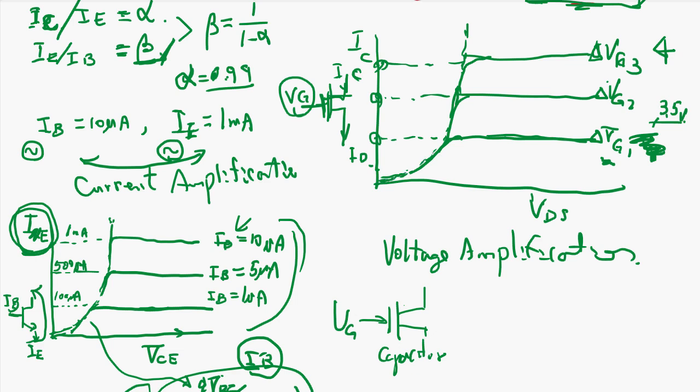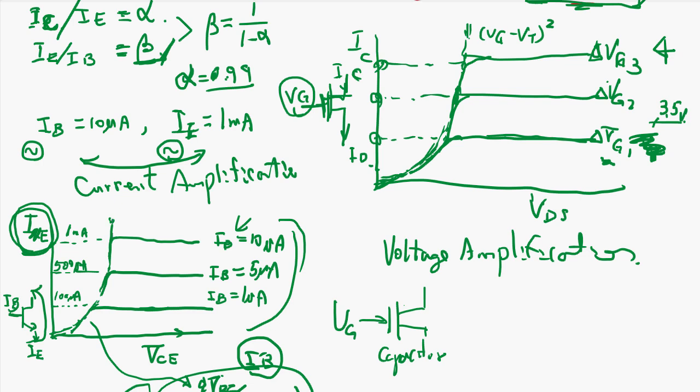Before it saturates, remember, this follows a square curve, (VG minus VT) squared.